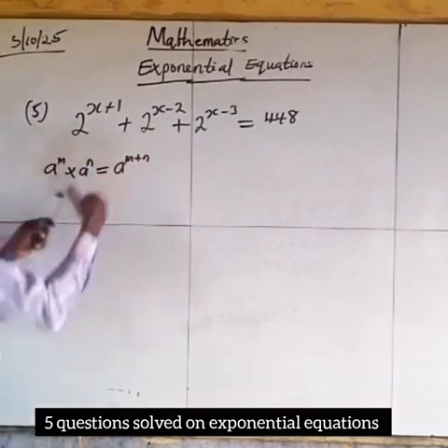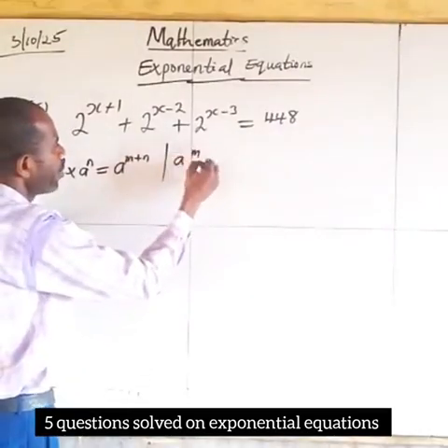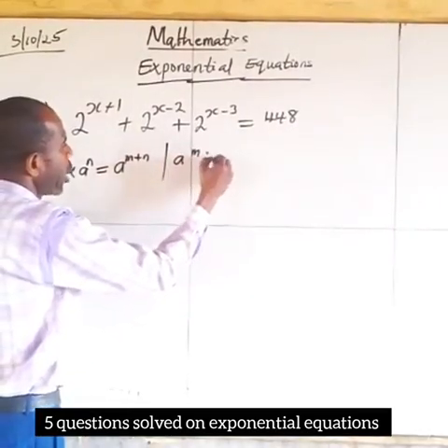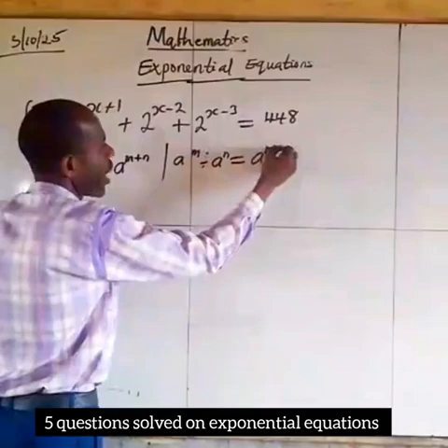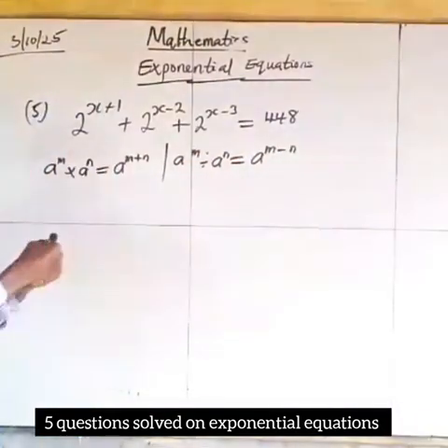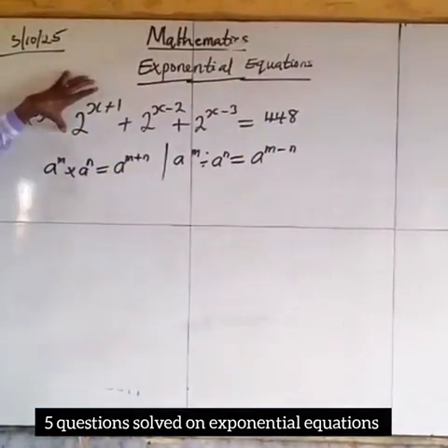Now let us look at this again. If I have a raised to the power m divided by a raised to the power n, it will give me a raised to the power m minus n. So these are the two laws of indices which we are going to apply to solving this question.